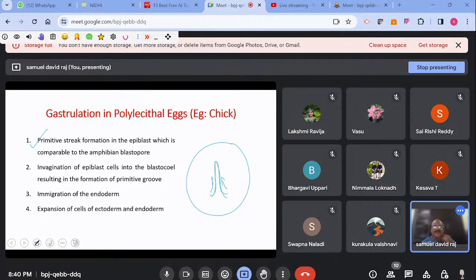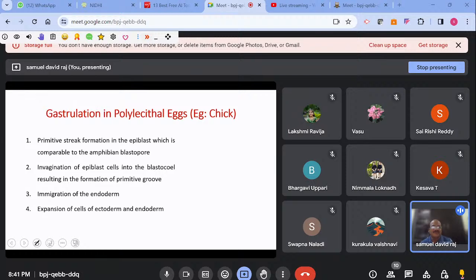So primitive streak formation in the epiblast starts gastrulation in case of chick, because both birds and mammals are derived from reptiles, and they also exhibit the same thing, and we also exhibit a primitive streak formation. Okay, and so many other things happen during the entire process.